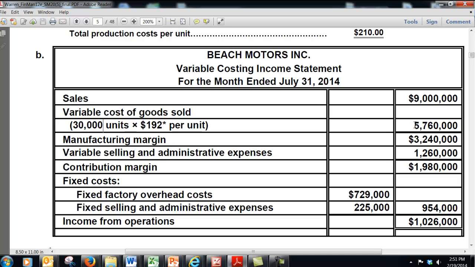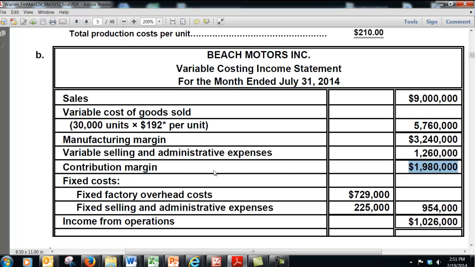The difference between those two, 9 million minus this 5.76 million, gives us our manufacturing margin of $3,240,000. Our variable selling and administrative expenses are given to us in the problem, and they total $1,260,000.